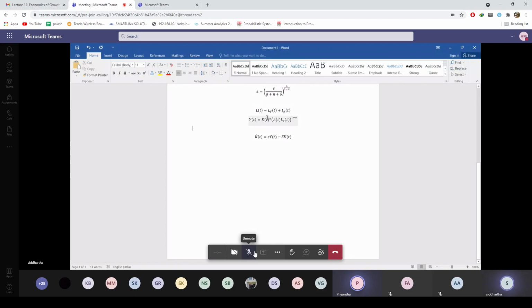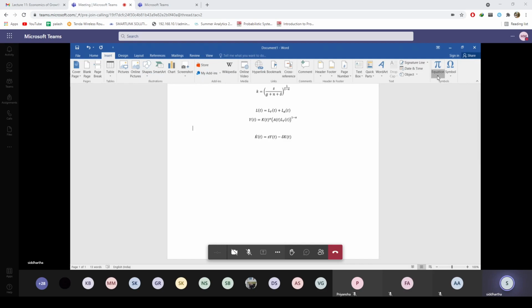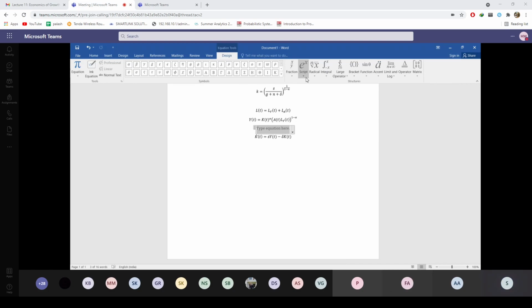So you are changing KT, AT, and LYT by the proportion of lambda, right? If we do that, suppose I get Y prime T, the new output level.